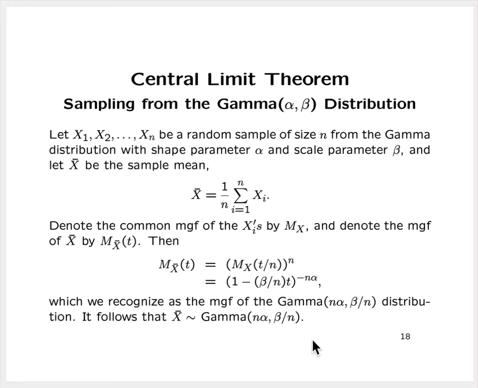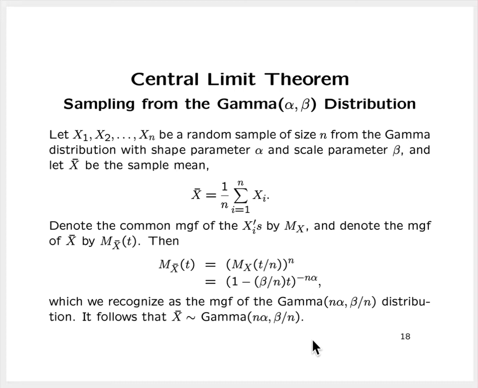Now, if you think back to when we first talked about the moment generating function in the section on special expectations in the module on probability and distribution theory, we said that one of the uses of the moment generating function was to generate the raw moments.